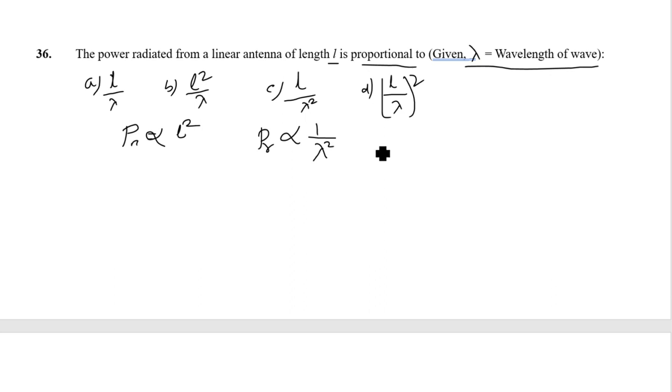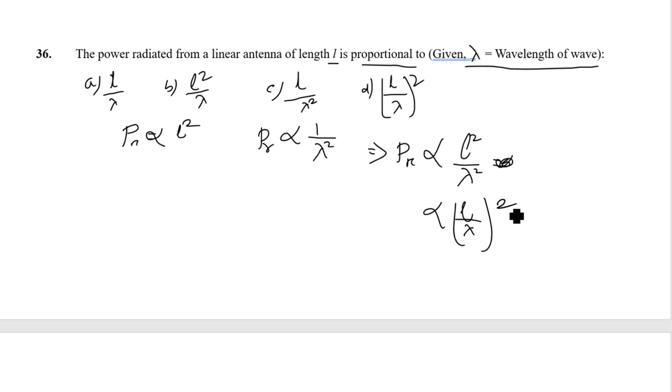If we combine these two, we get that power radiated is directly proportional to L square by lambda square, which is L by lambda whole square. So which is our option D. The fourth one is our correct answer.